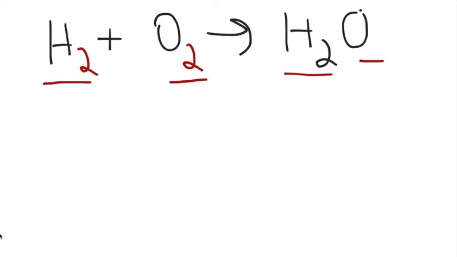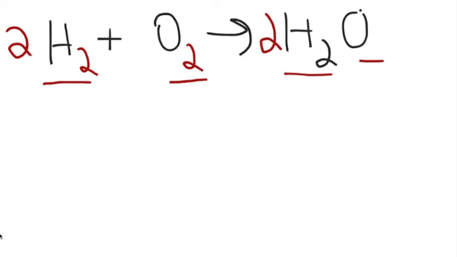So what I have to do is multiply my oxygen over on the right by 2, and now I have my 2 oxygen. But now I have 2 hydrogen on the left and 4 hydrogen on the right. So what I have to do now is multiply the hydrogen on the left by 2 to give me 4 hydrogen on each side.